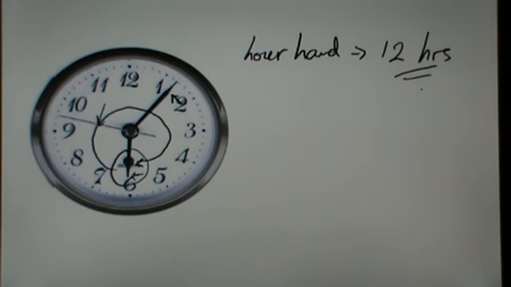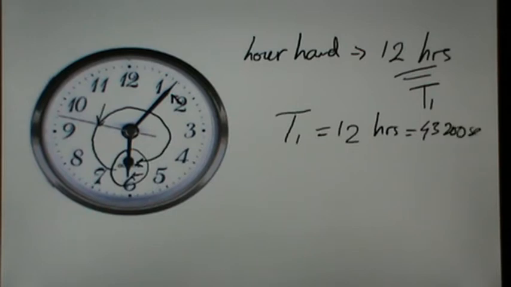So this is the period for the hour hand. Let's call it T1. Or if we convert into seconds, we'll have 43,200 seconds.